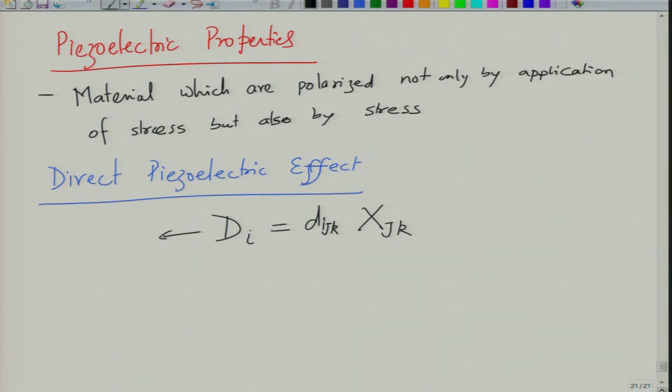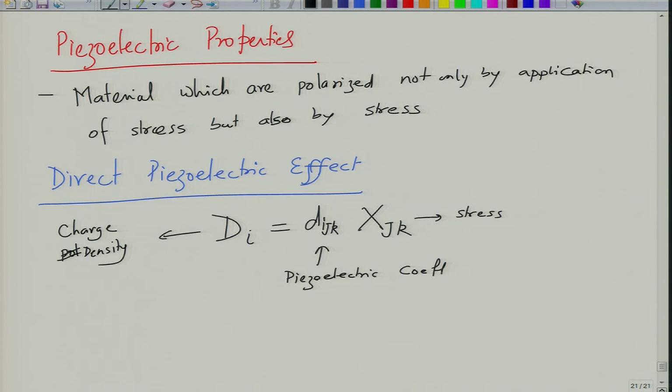As we saw with dielectric displacement, this is the charge density, which is nothing but polarization. Charge density d_i is proportional to x_jk, the stress tensor, and the proportionality constant is the piezoelectric coefficient, which is the direct piezoelectric coefficient.